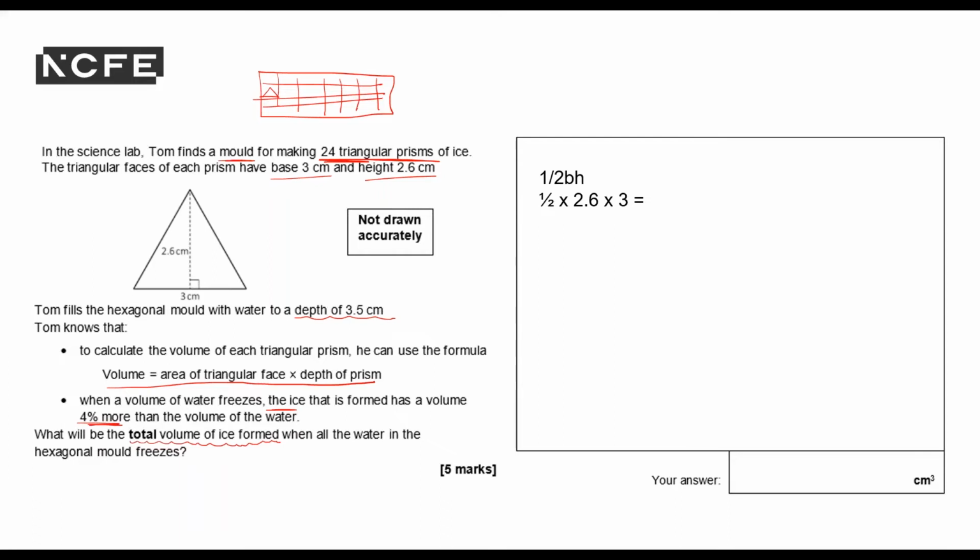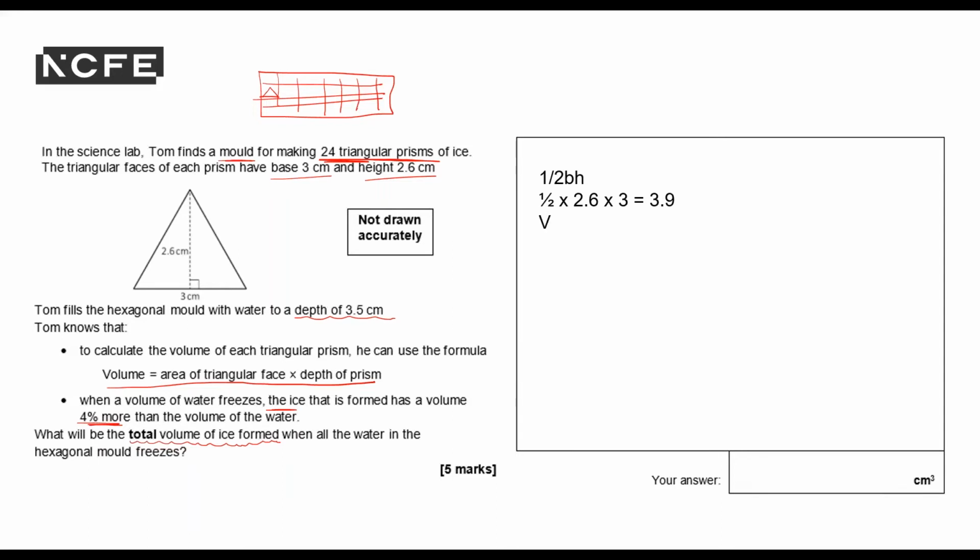2.6 times 3 equals 7.8, divided by 2 equals 3.9. So 3.9 is the area of my triangle at the top, and then it's the depth to find the volume.